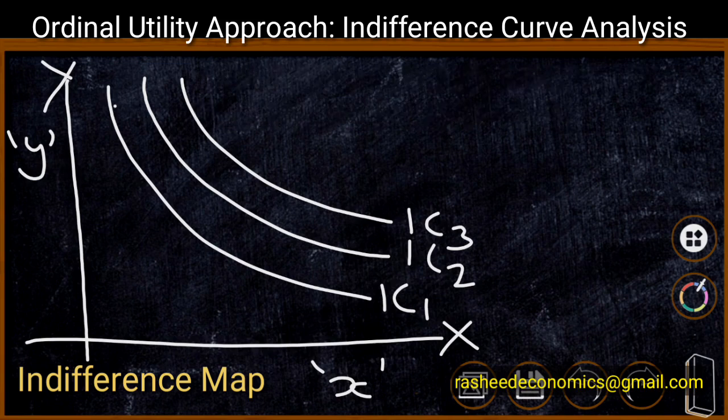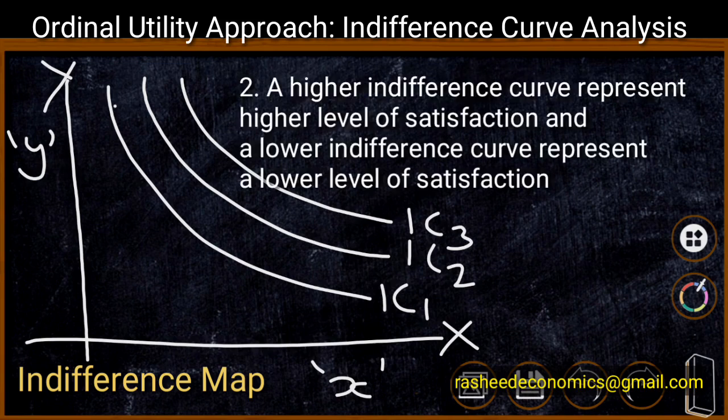Second point, suppose indifference curve is higher, higher will be the level of satisfaction, and indifference curve is lower, lower will be the level of satisfaction. It means that IC1 provides lower satisfaction than IC2, and IC2 provides lower satisfaction than IC3. Or higher the indifference curve, higher will be the level of satisfaction.